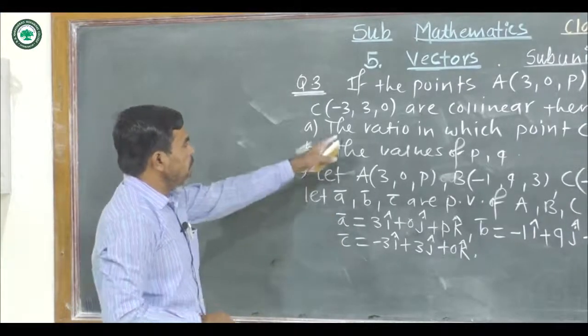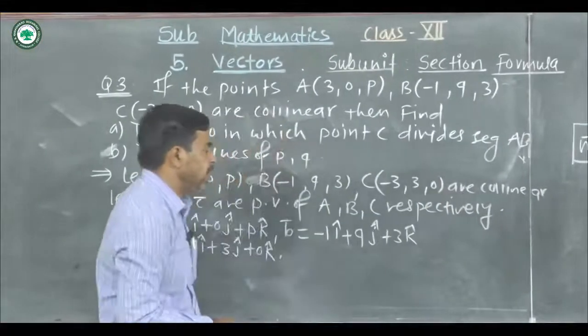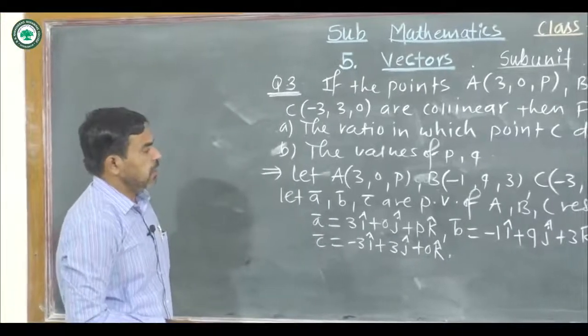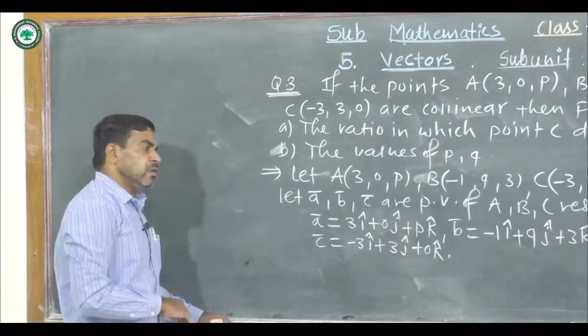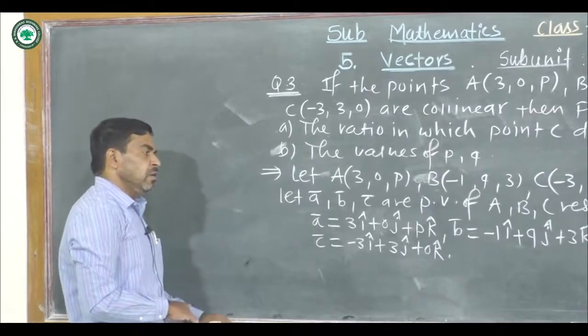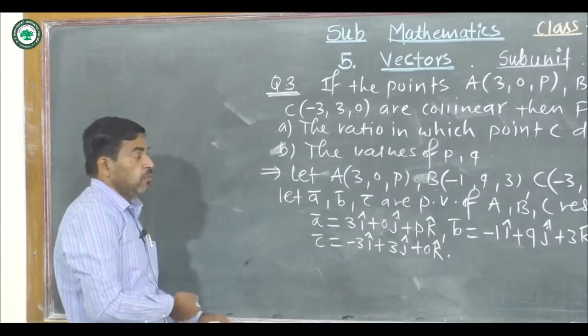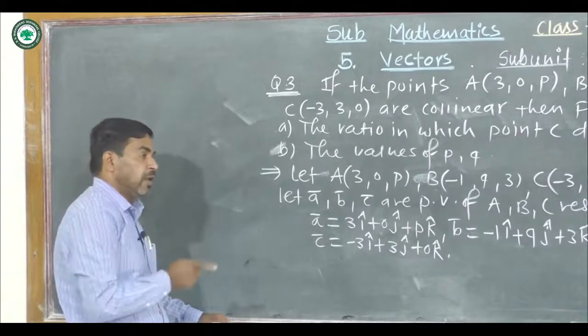Now we have to find the ratio in which point C divides segment AB. In the remark of the first theorem we have seen, whenever it is asked to find the ratio, it is convenient to take the ratio as k:1.